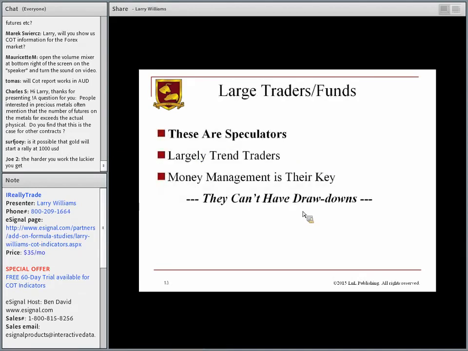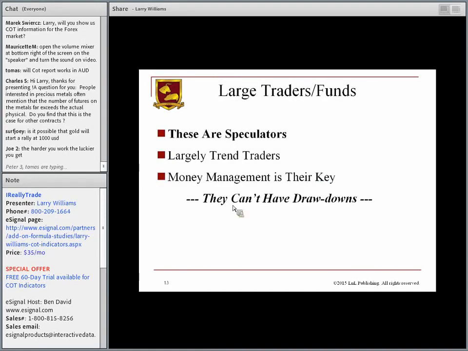And it has commercial buyers and users in the marketplace. It also has large traders and large funds. And the large traders or funds are speculators. So these are the commodity trading funds you may have invested in or are trying to figure out how they trade. We're going to show how they trade today. They're largely trend traders. The vast majority of commodity fund guys are trend traders.